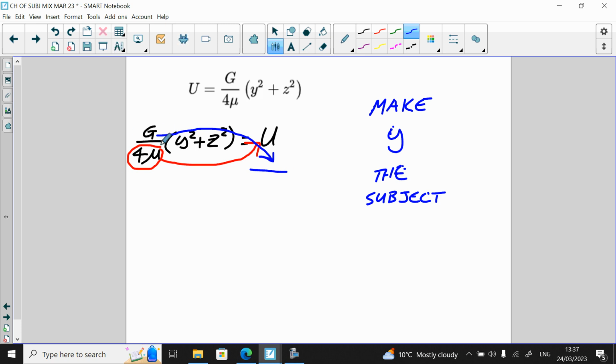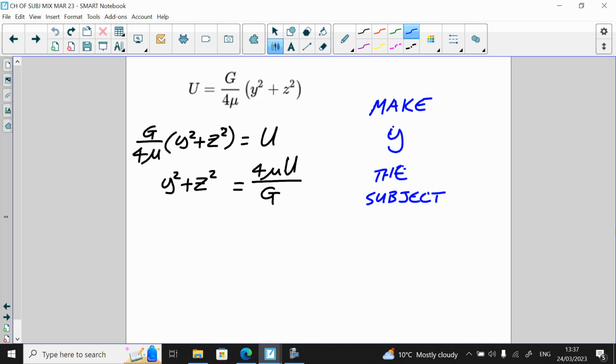It's just like flipping the fraction. Okay, so 4 mu goes up the top and the g comes down the bottom. That's what I'm going to do there. Okay, in one go.